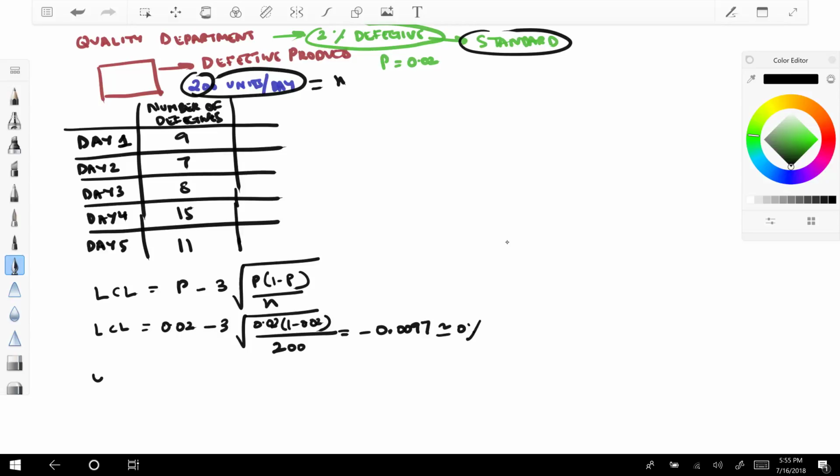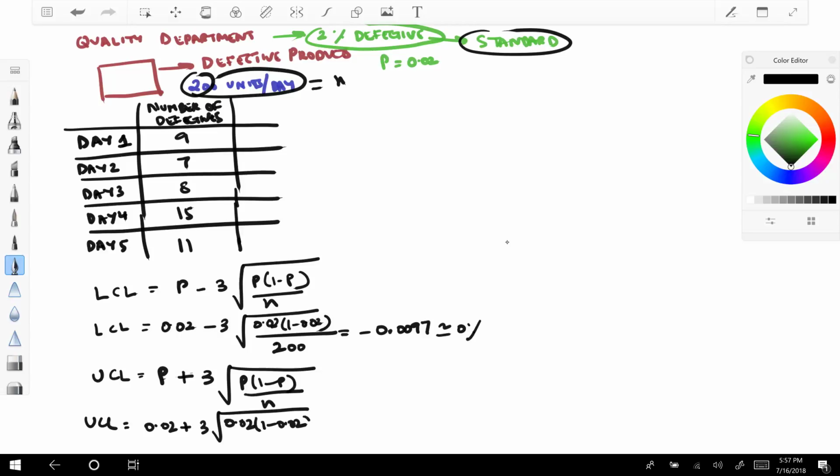Now the upper control limit. The formula is P plus 3 square root of P(1 minus P) divided by N. So our upper control limit would be 0.02 plus 3 times square root of 0.02(1 minus 0.02) divided by 200.